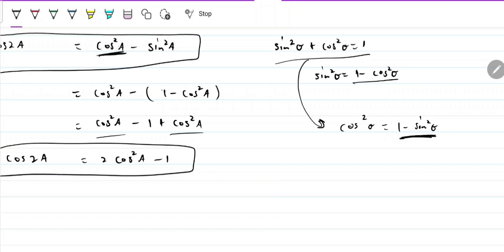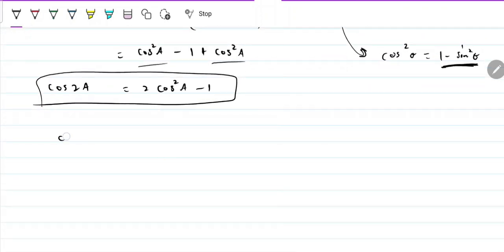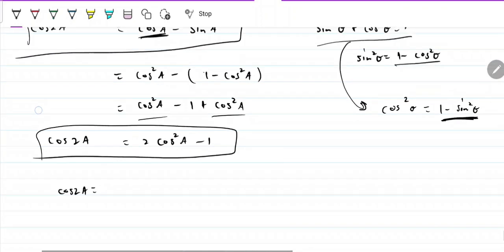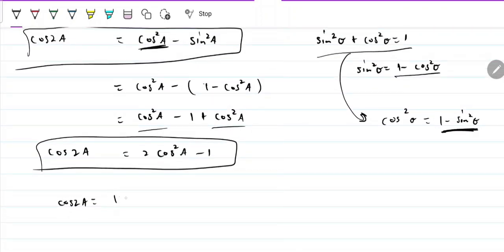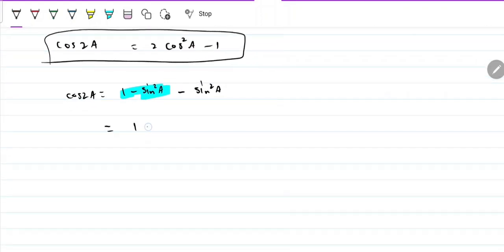So cos square A will be 1 minus sine square A. So cos 2A is equal to 1 minus sine square A, as a substitution, minus sine square A. So it's equal to 1 minus 2 sine square A.